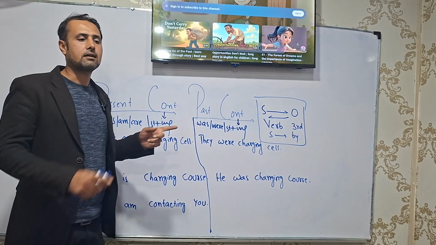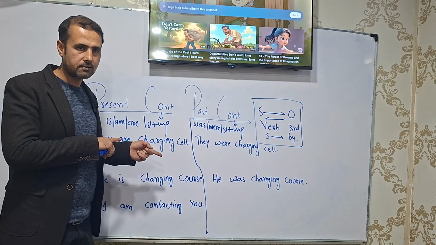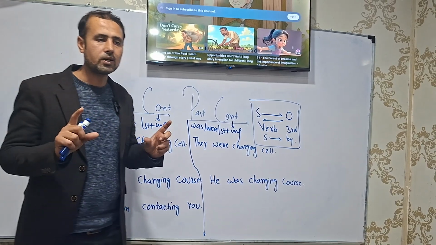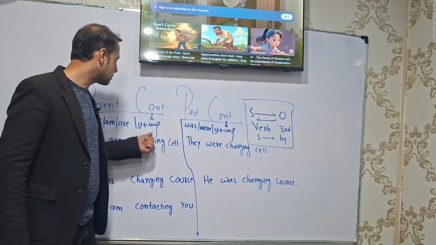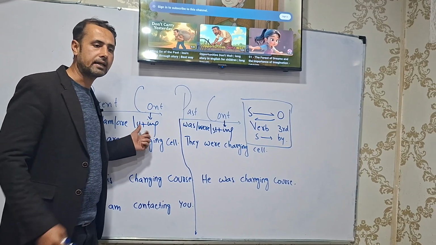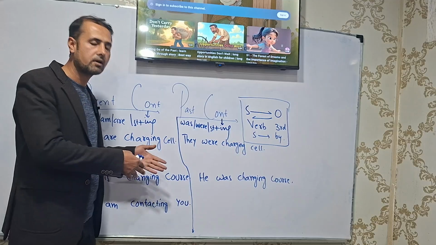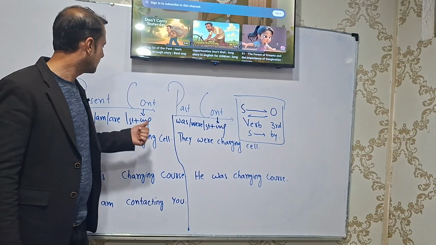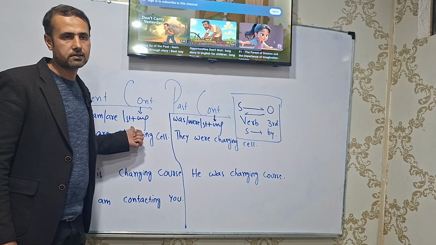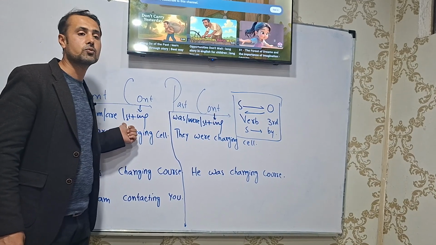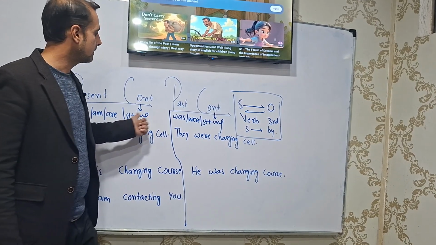As we discussed in our active mode of tenses, first our focus will be on the verb. So whenever we are going to discuss tense, as usual, either in active mode or in passive mode, continuous is going to be ing always. And ing comes with the first form.